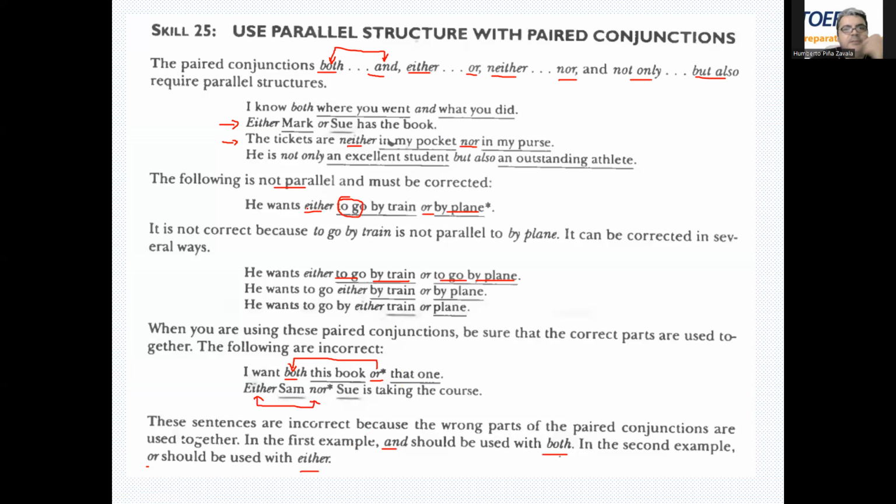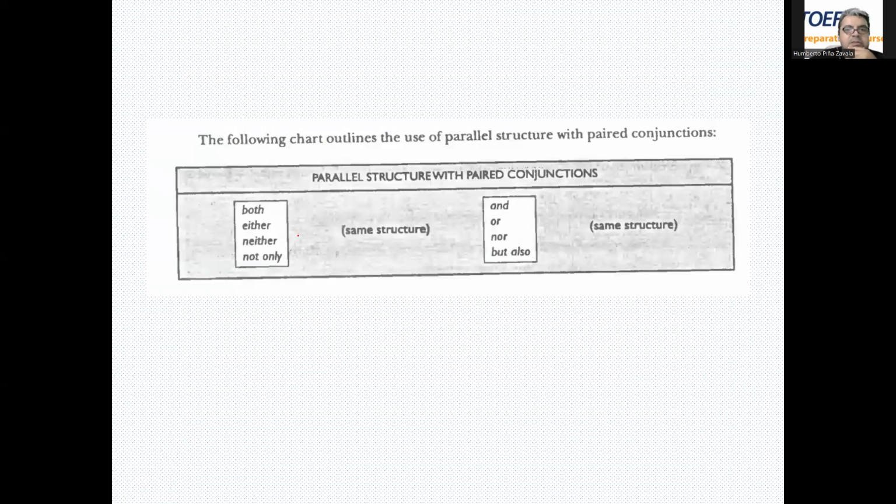You're either not using the correct structure on both sides, or you're not pairing the conjunctions correctly. Okay, so you have to be on the lookout for those two things. So when you've got parallel structures, we've got the proper pair conjunctions and the same structure on both sides. That's what you've got to remember.